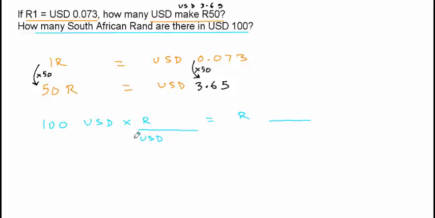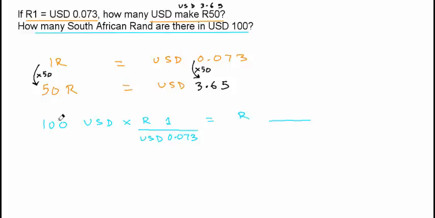And then this fraction has to be equal to 1. Therefore, the numerator has to be equal to the denominator, and therefore we have 1 rand is the same as 0.073 USD. This and this are the same. In a fraction, when the numerator and the denominator are same, the fraction equates to 1.